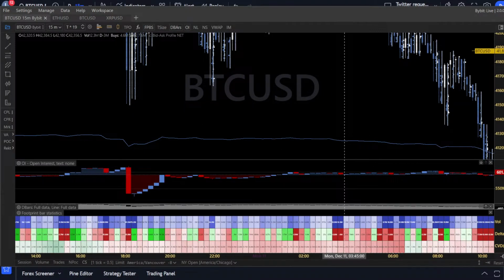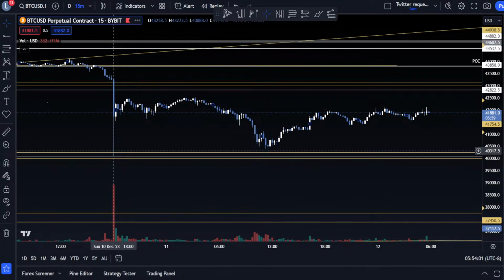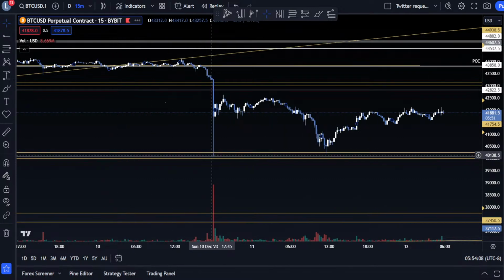41,497. I saw this wick the other day. This wick should come down to 40K. Why isn't it showing up in the data here? Give me 1 second.